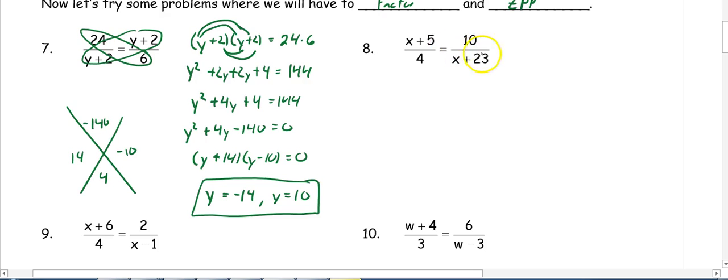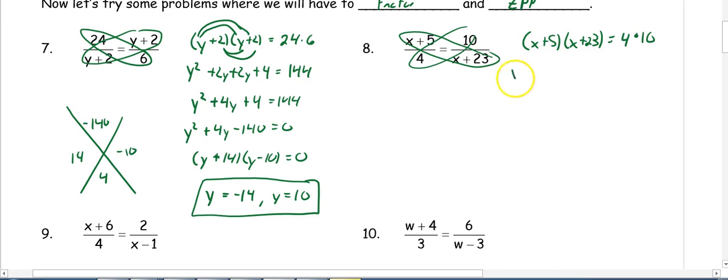Number 8, when I cross multiply, I have x plus 5 times x plus 23 equals 4 times 10. So when we start to distribute, we get x squared plus 23x plus 5x plus 115 equals 40.